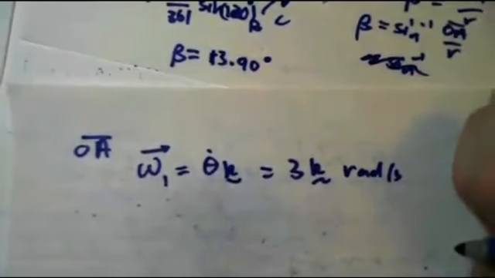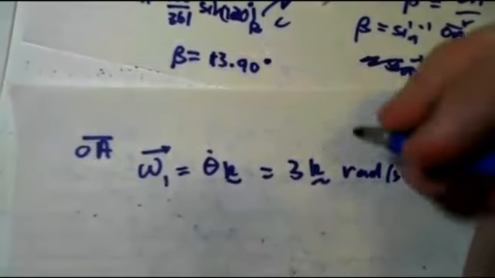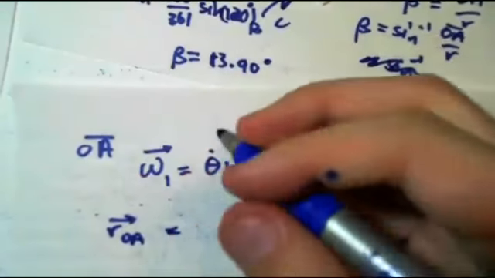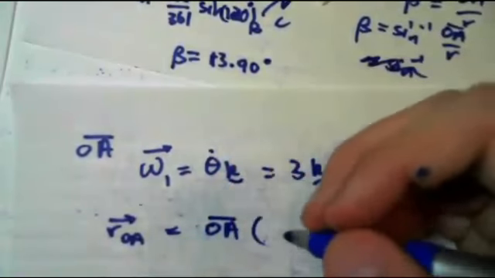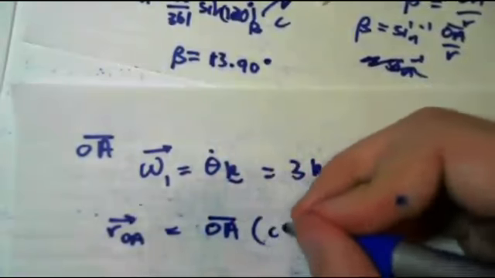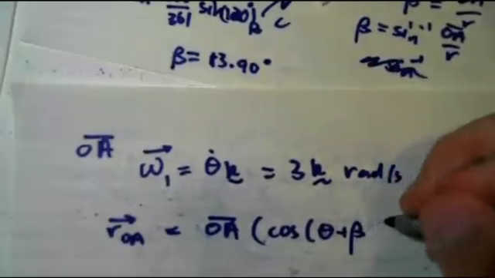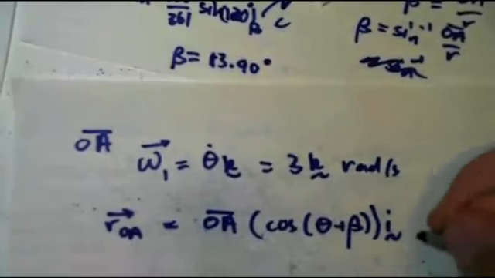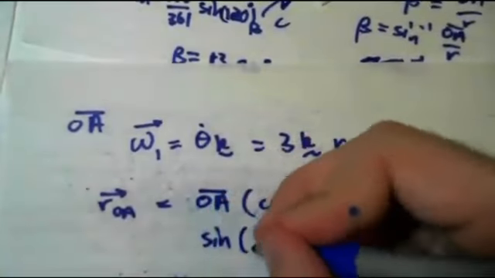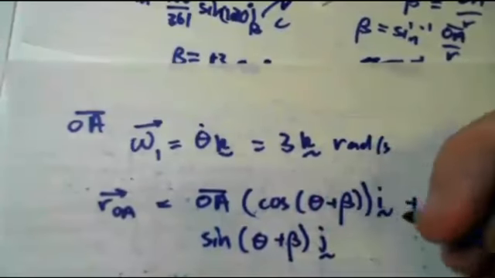And the position vector from point O to point A is represented by OA, which is equal to the magnitude of OA multiplied by the cosine of theta plus beta in the i direction plus sine of theta plus beta in the j direction.